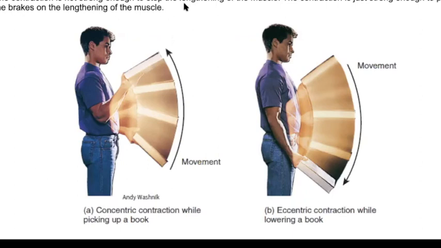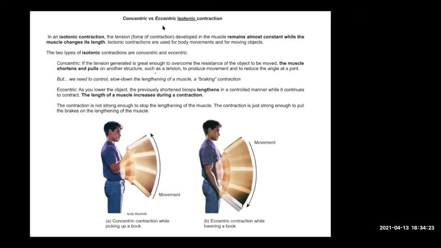It's not enough to overcome the load, just strong enough to allow a more smooth movement, based on the length of that muscle. So that is concentric and eccentric isotonic contraction. These are some of the words that we might use.